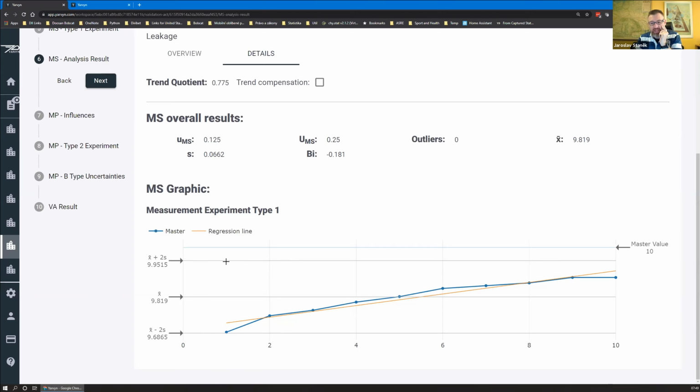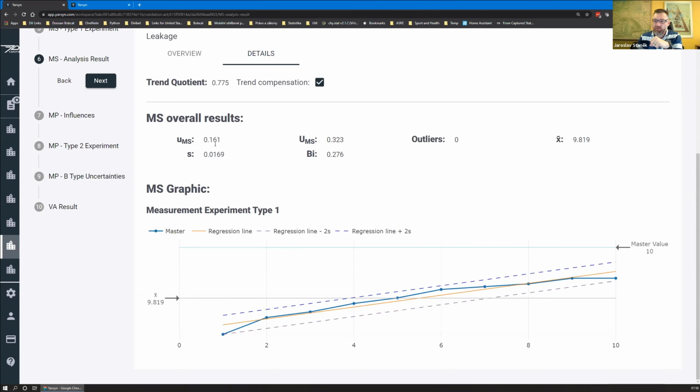Sorry, the variation increases, the bias decreases. But putting these two together will yield a smaller measurement system uncertainty compared to the case when I would compensate the trend. The measurement system uncertainty increases. So I would choose to use this bigger value just for the sake of being conservative.